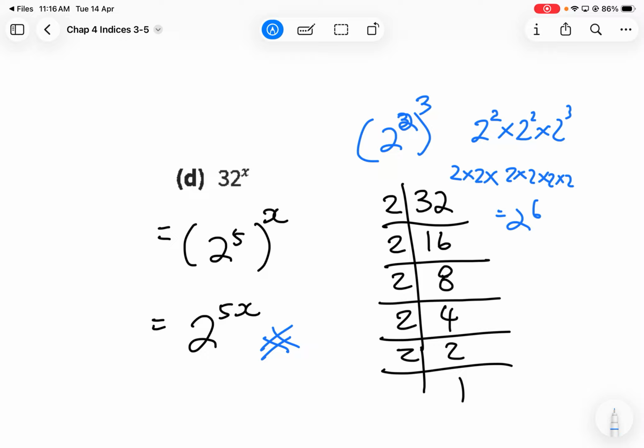So your 9 is the power 3, now your bracket is the power 3. Then you need to use your other law: 3 squared to the power 3, you need to multiply the power. So in the end, it becomes 3 to the power 6. 3 to the power 6 is the same as 9 to the power of 3.